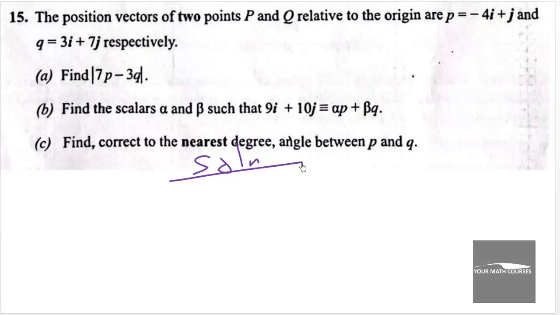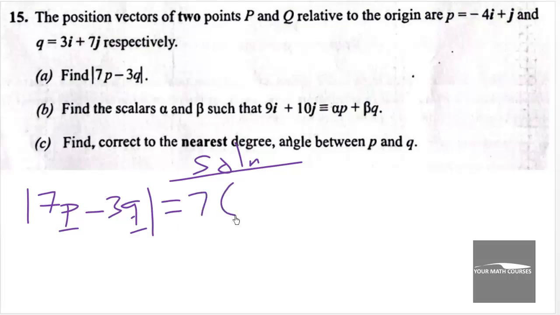So the given position vectors, we have to find 7p minus 3q. So 7 times p is negative 4i plus j, minus 3q.